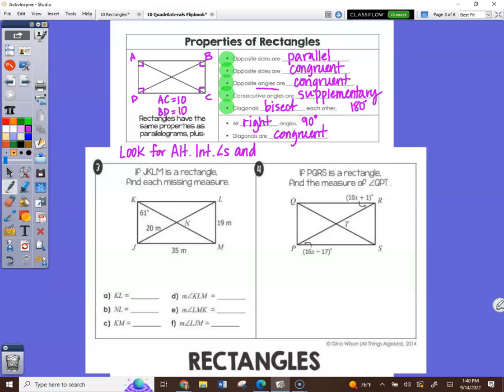New one. Now that it's no longer slanted, it's straight up and down. I want you to look for right triangles. You're going to look for alternate interior angles and right triangles.